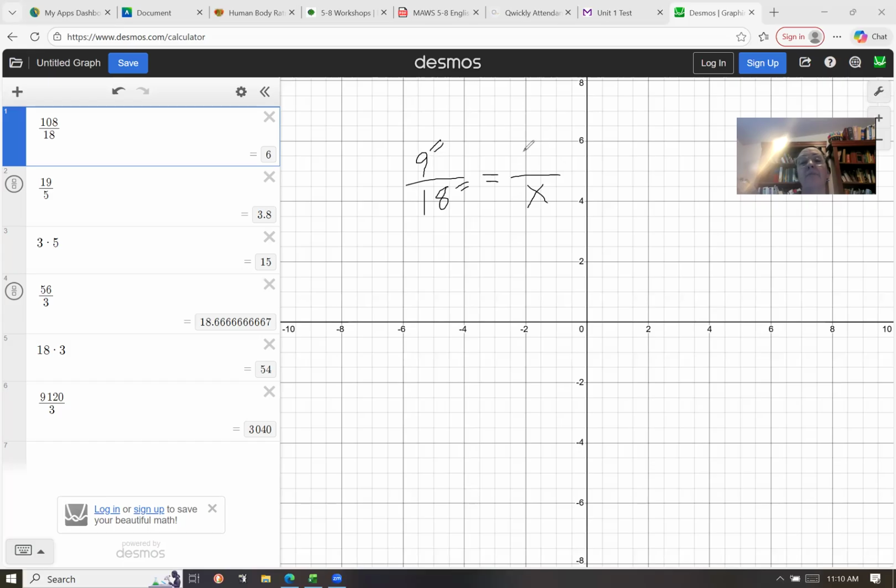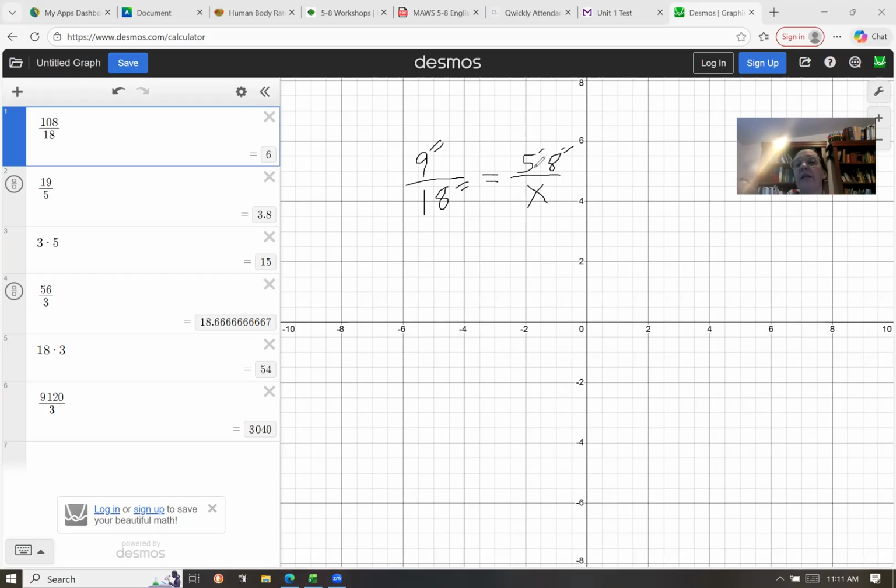So I am around 5 feet 8 inches. Now, before we actually do this calculation where we multiply on the diagonal and divide by the other number, we need to turn this 5 feet 8 inches all into inches so that all of our numbers in the proportion have the same units.